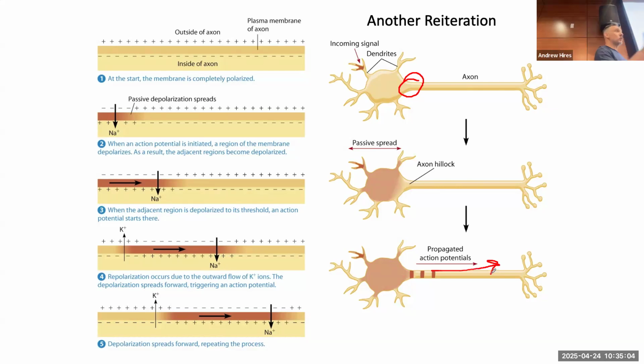But I have a question for you. Thought experiment. What would happen if for whatever reason we got some depolarization here on the tips without an action potential generated here? Would we be able to generate an action potential in the tips? We got a strong depolarization.